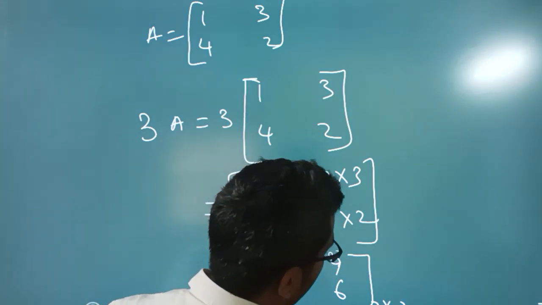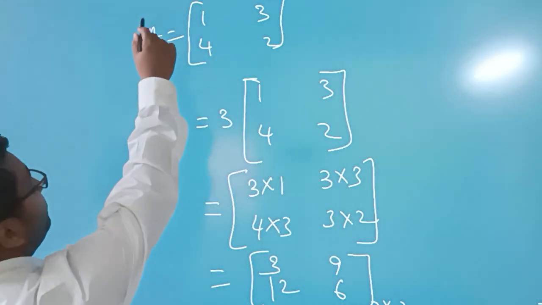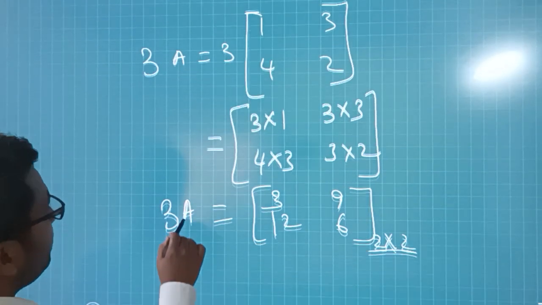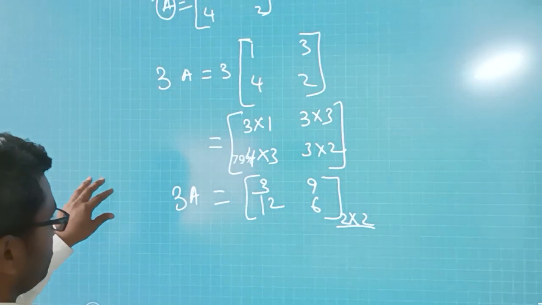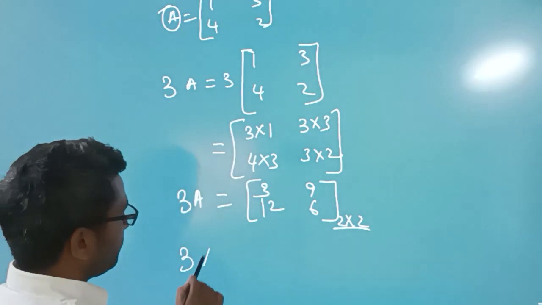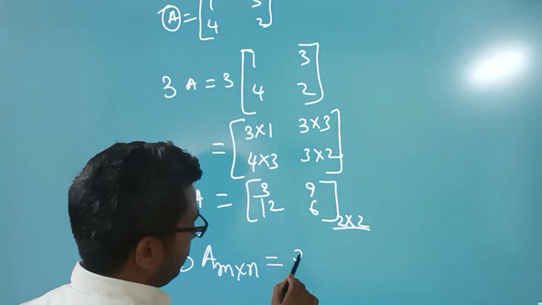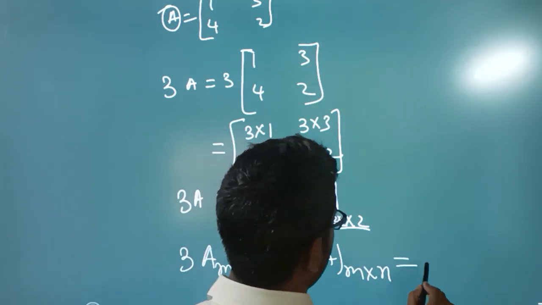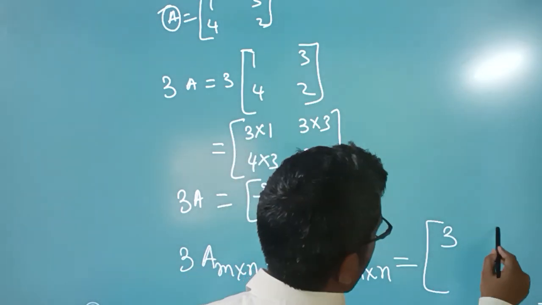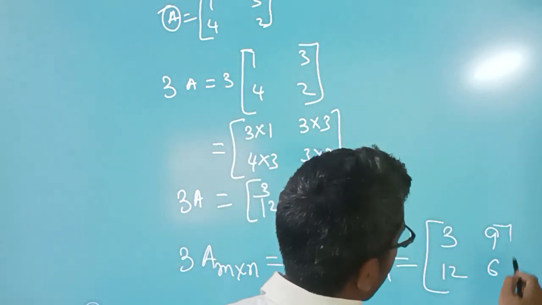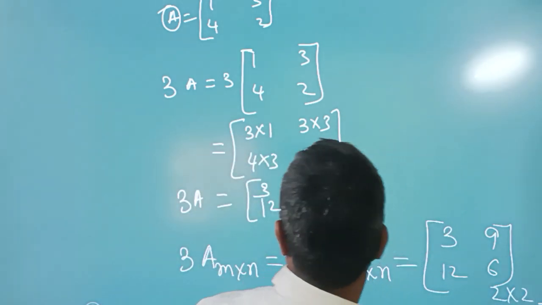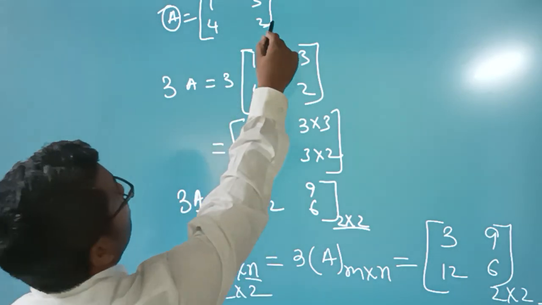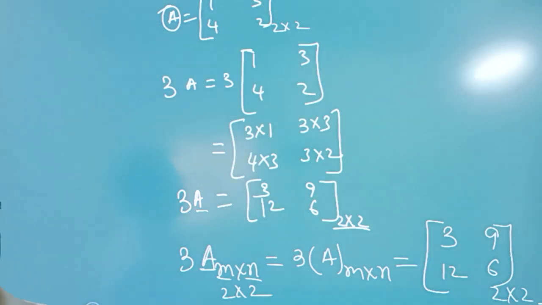The order is the same as the original matrix A, so 3A is of order m cross n, here 2 cross 2. That is the scalar multiple of the matrix.